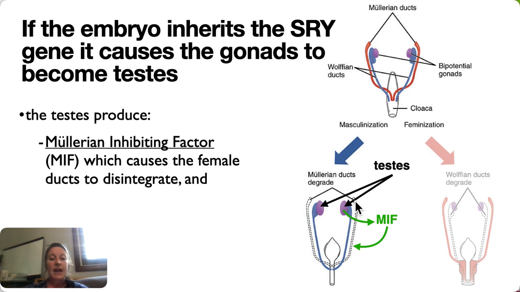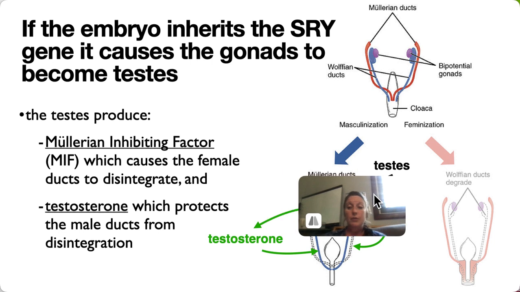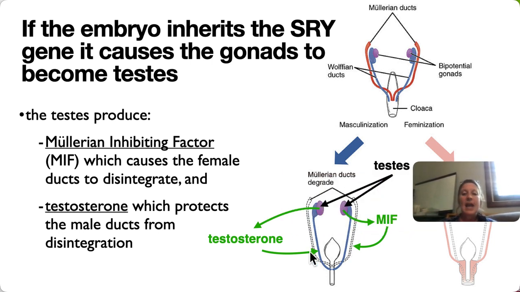Mullerian inhibiting factor is going to cause the Mullerian, or the female ducts, to disintegrate. All right, so now only the male is around. The testes also produce testosterone, and testosterone helps to protect the Wolffian, or the male ducts, so that they don't disintegrate. Okay?